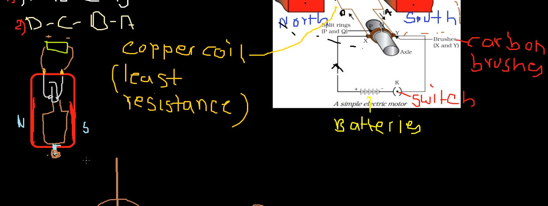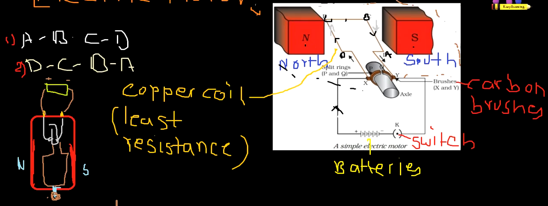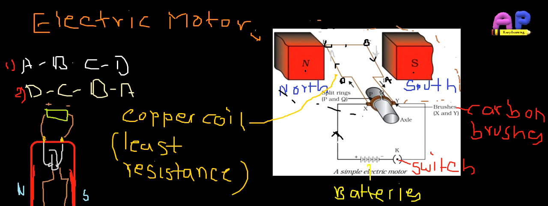Now if I want to change the direction of its rotation, I mean if it's rotating clockwise and I want to make it anti-clockwise, then what should I do? Simply I will change the current. That is, I will put the positive terminal over here and the negative terminal over there.